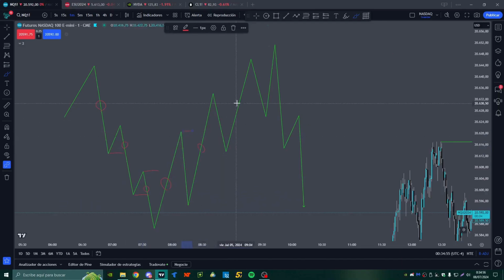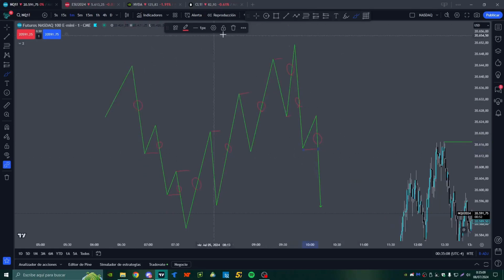Someone will be tasked with removing this high, and another with removing this low. Each will be responsible for their part, causing confusion. People won't grasp what's happening. They'll think prices are fluctuating everywhere and be unsure of their decisions.